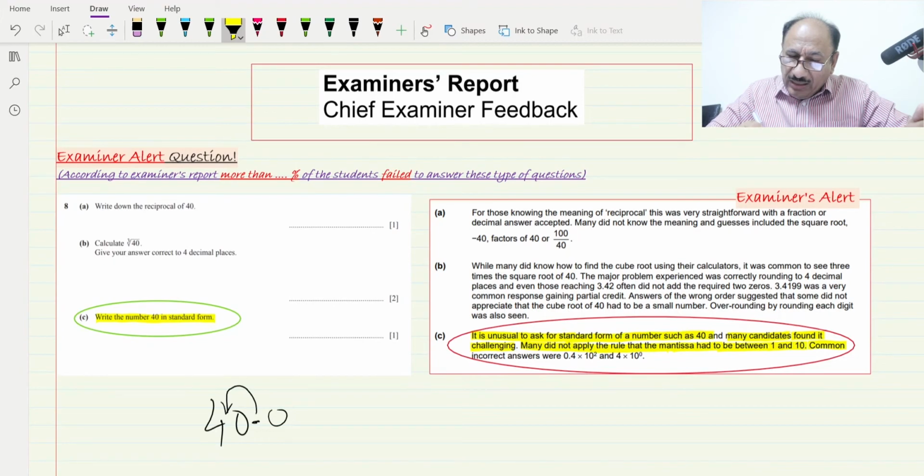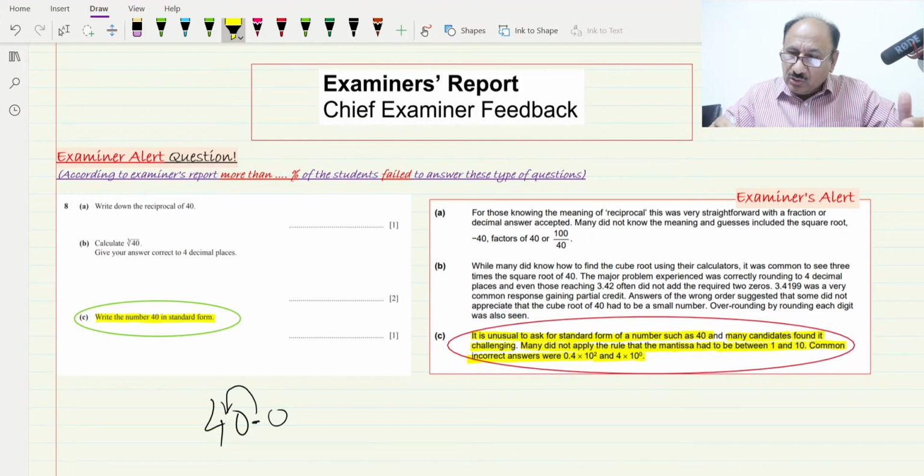Common incorrect answers were 0.4 into 10 raised to the power 2 and 4 into 10 raised to the power 0. These are common wrong answers which most of the candidates provided for this question.